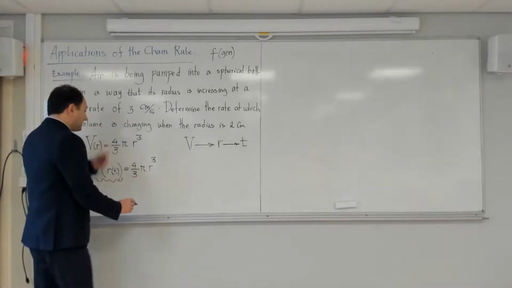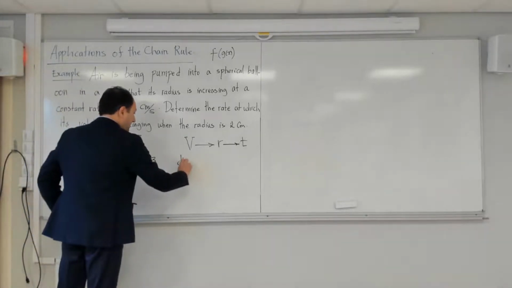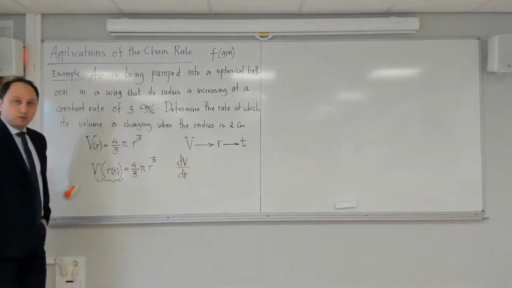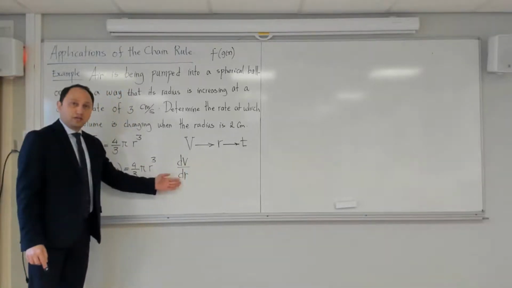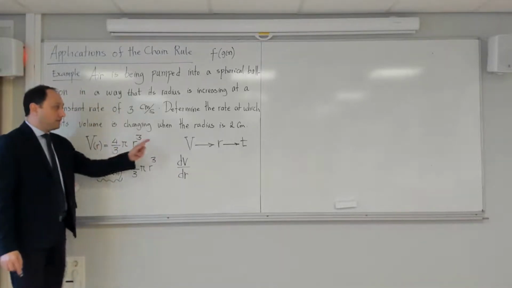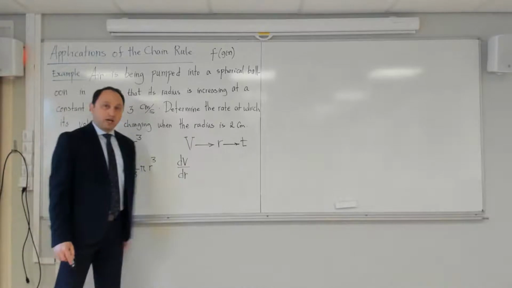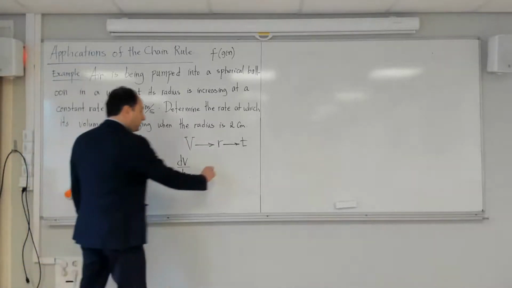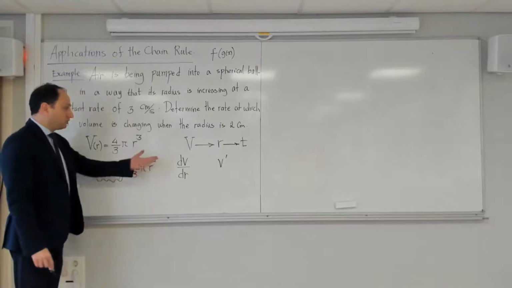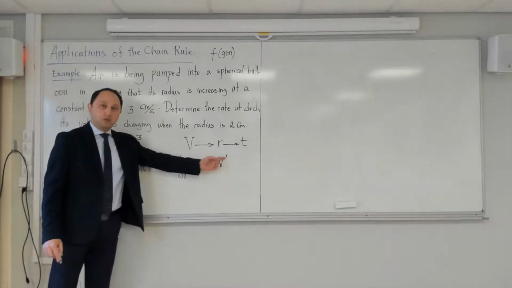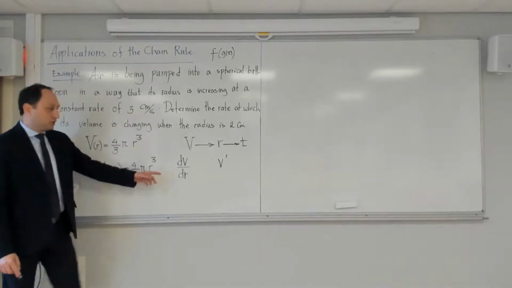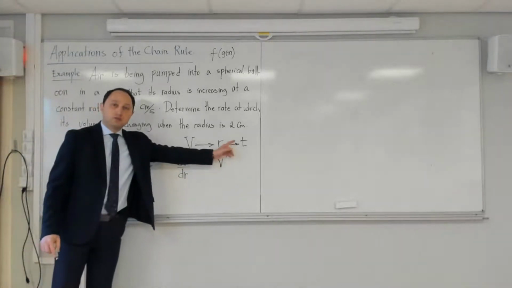If I ask you to calculate dV/dR, do you remember we usually didn't use Leibniz notation because we said it is a little bit more complicated? But now it is very important because I'm dealing with different variables. If I say V prime, it's a little bit ambiguous because I don't know what V prime means. Does it mean the derivative with respect to R, or the derivative with respect to T?